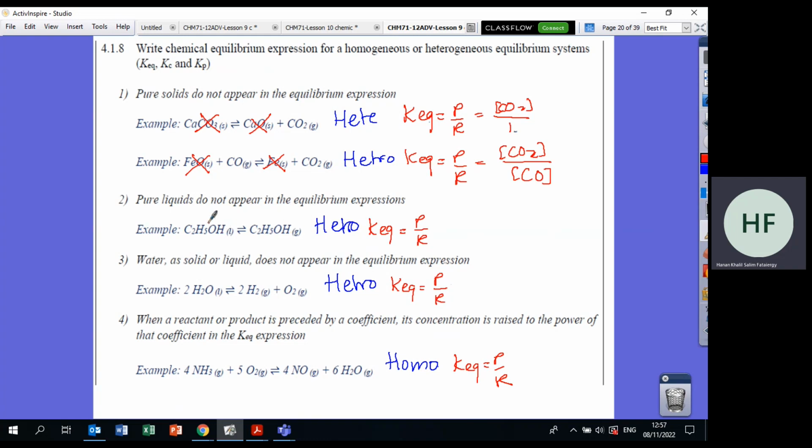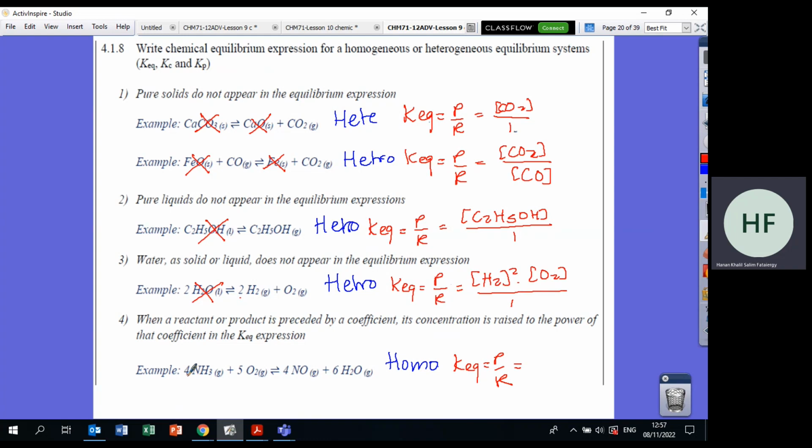Now this one, also cancel the liquid. So we will have C2H5OH over 1. Here this will be cancelled, so we will have 2H2. Be careful, this is a coefficient, it will be a power. So I will say H2 square times O2 over, no reactants, so over 1.